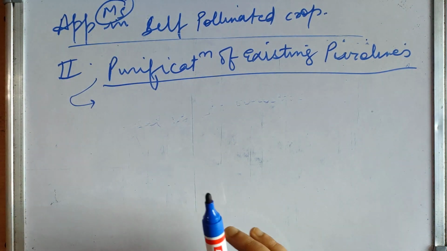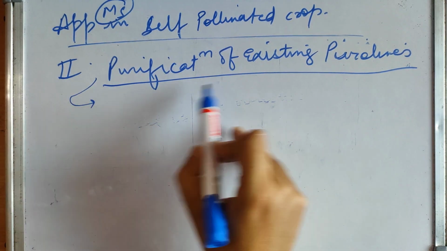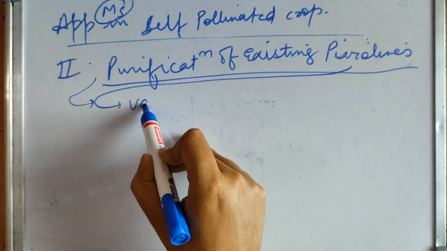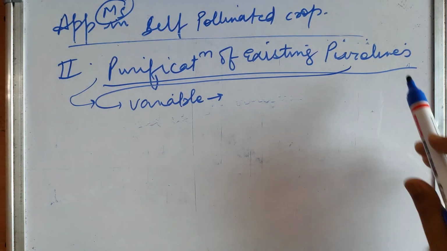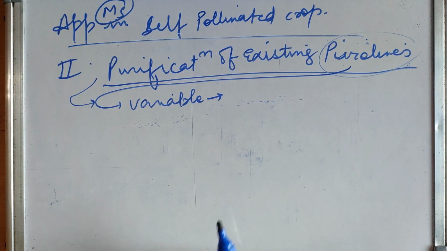What happens after some time? Pure lines tend to become variable. We discussed this when I was teaching pure line in the previous lectures, so you must see it, very important.